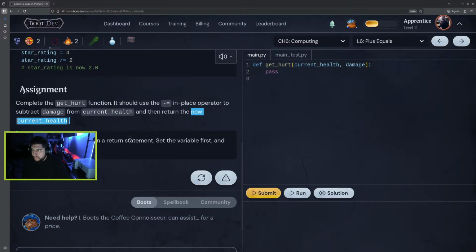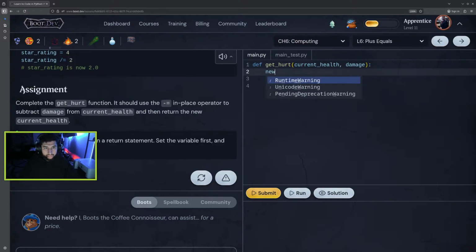So new_current_health is going to be our variable. It's going to be minus and then the equal sign.